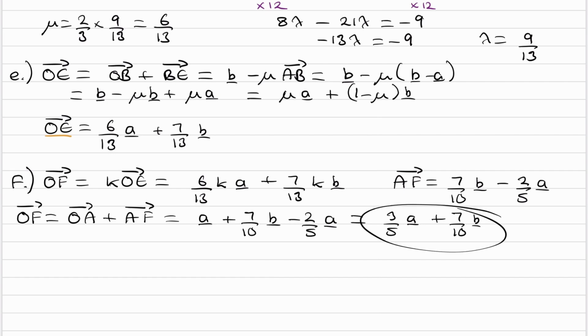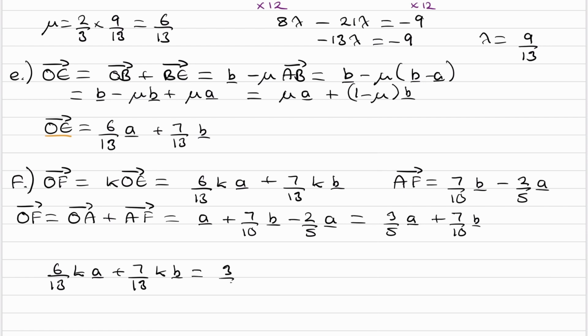And this expression for OF is also equal to what we have over here. So we can equate them. We get 6 over 13 KA plus 7 over 13 KB is equal to 3/5 of A plus 7/10 of B.